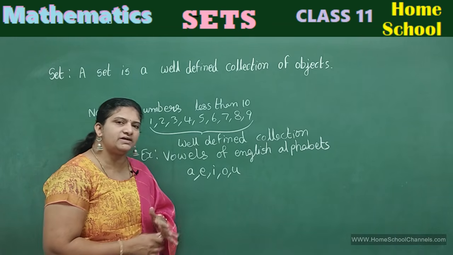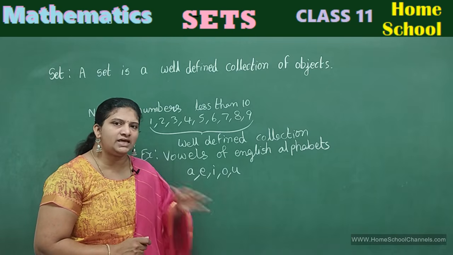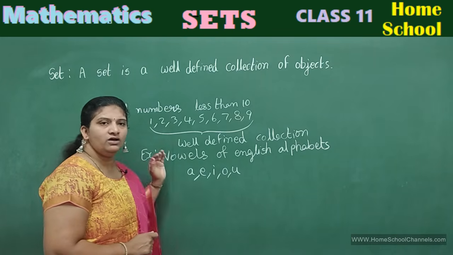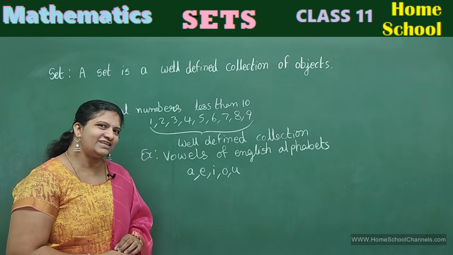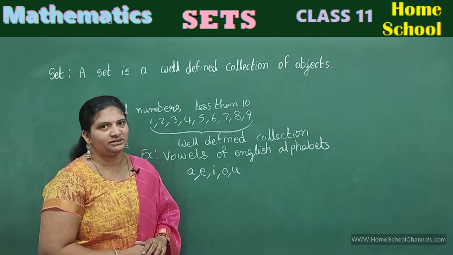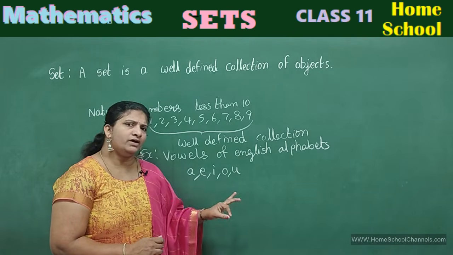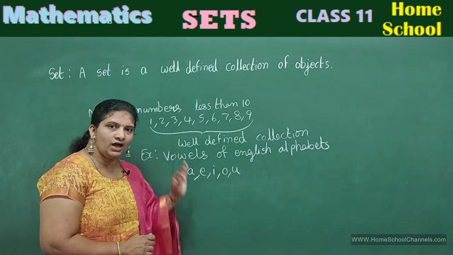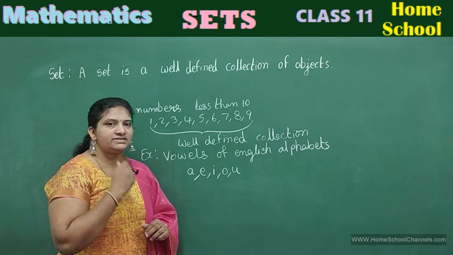So any person you ask this question, from any place, is going to answer only A, E, I, O, U. So which type of collection is it? It is also a well-defined collection. Wherever, whoever you ask, you are going to get the same answer. Right? Now the next example.